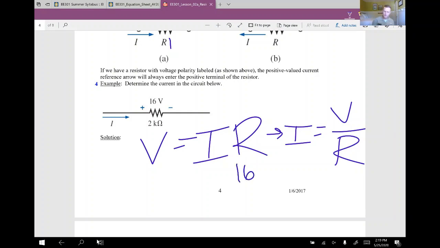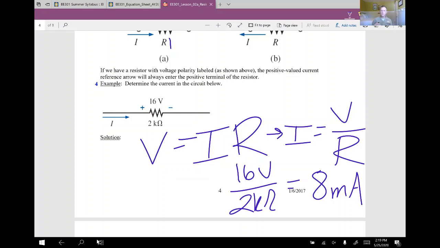So we have 16 volts divided by 2 kilo ohms, and that results in 8. But what is it going to be? It's going to be 8 milliamps. If you need to plug it into a calculator to see that, that's okay. But if you notice I have a kilo in the bottom, that's 10 to the 3. Well, since it's on the bottom of the fraction, that's like saying 10 to the negative 3 in my final answer. So 8 milliamps.